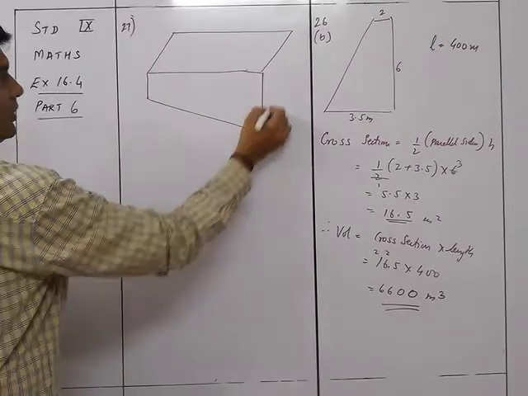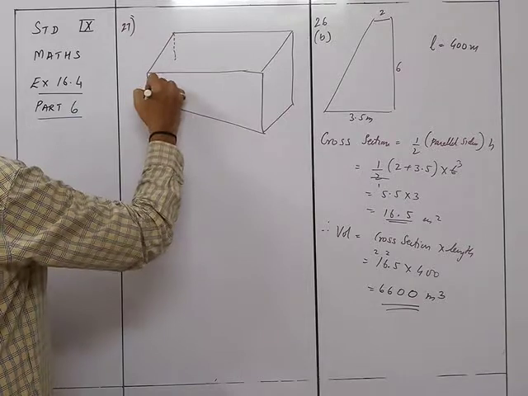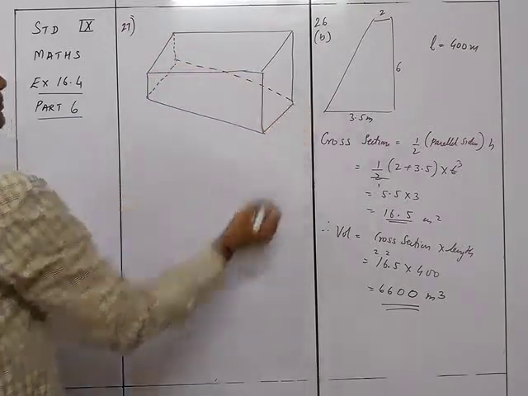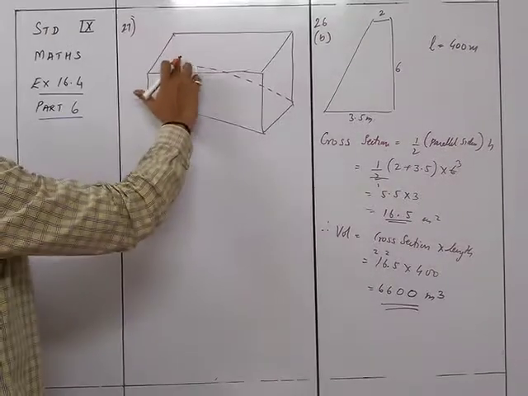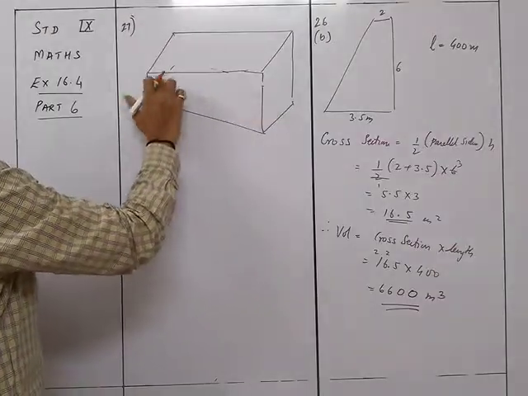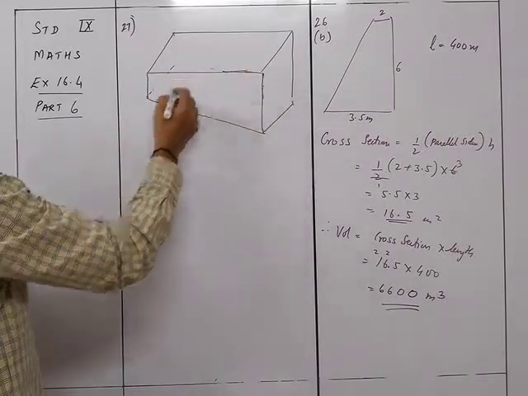So the swimming pool looks like this. Okay, let's remove this one so you're not getting confused. Right, so cross section is a trapezium.